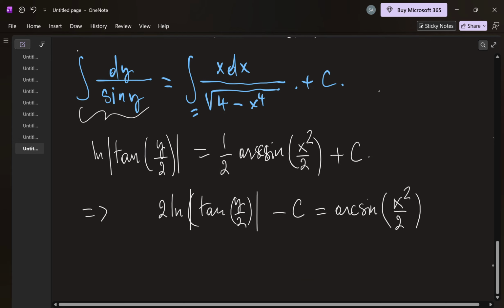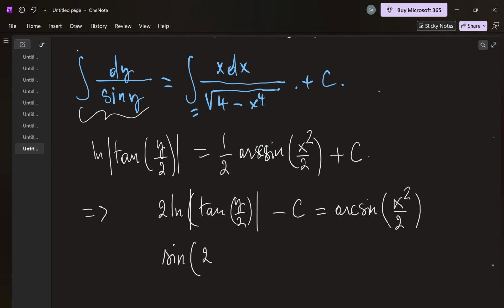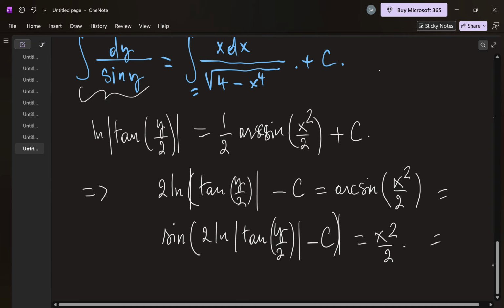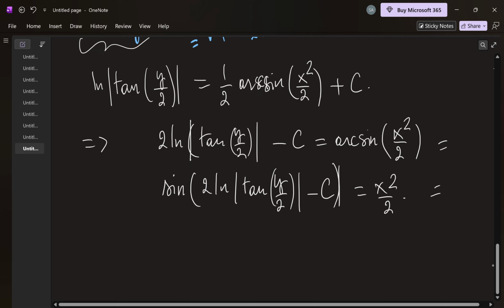Now you take the sine from both sides, so this becomes sine of 2 ln tangent u over 2 minus c, is equal to x squared over 2. If you let it like this or like this, both are considered correct.